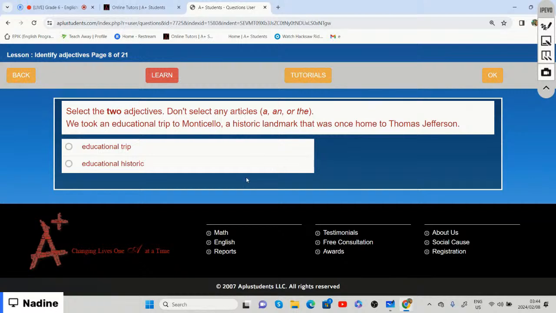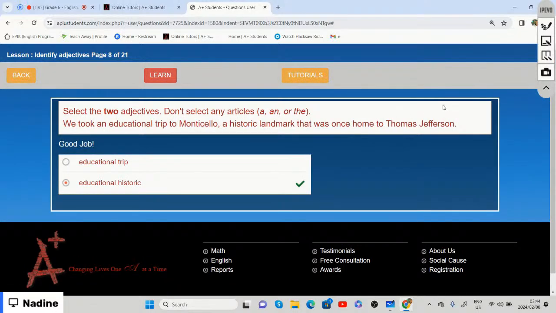And if we were to select the two, we'll say that the trip was educational and the landmark that we saw was historical. So we have educational and historical.